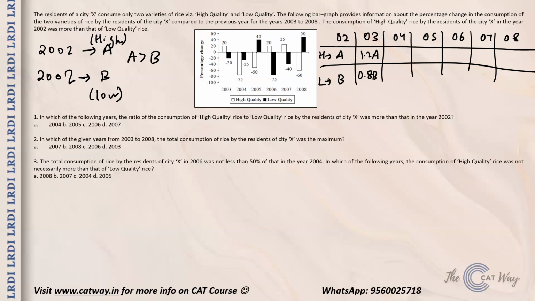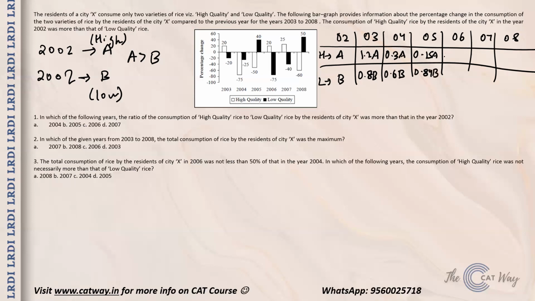So from 1.2A it went down 75%, so it became 0.3A, and this went down by 25%, so it became 0.6B. Then in 2005 it again dropped 50%, so it went to 0.15A, and this increased by 40%, so it went to 0.84B, right?